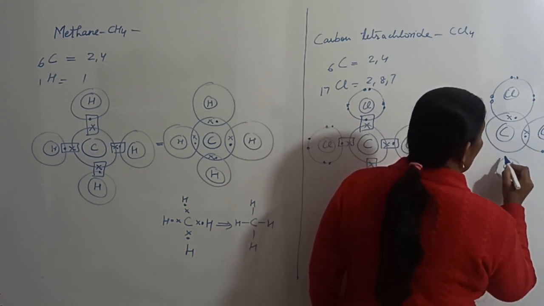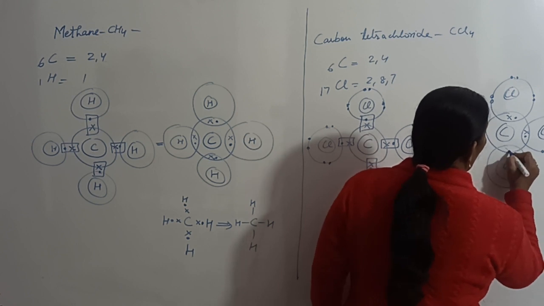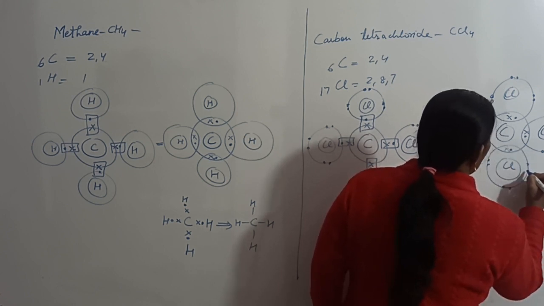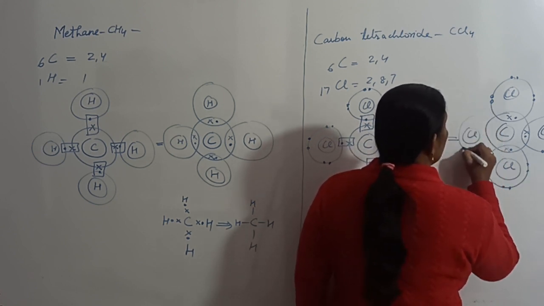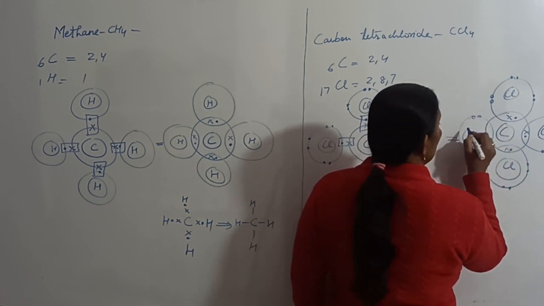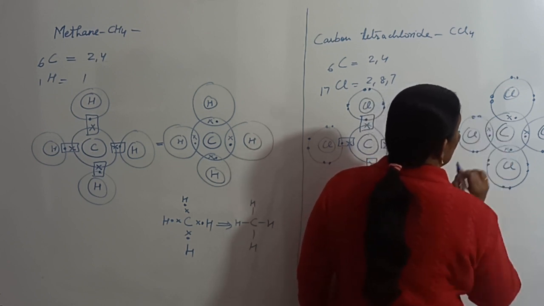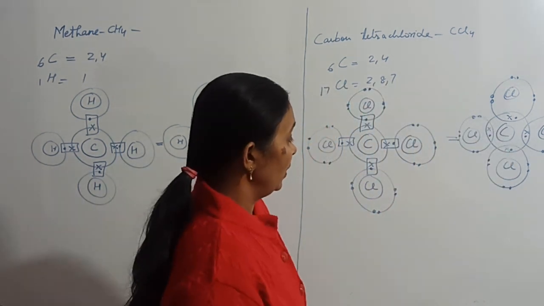Another chlorine, 6 electrons and 1 in sharing. Another chlorine, the same. Fourth chlorine, 6 electrons and 1 in sharing. So this is the carbon tetrachloride molecule.